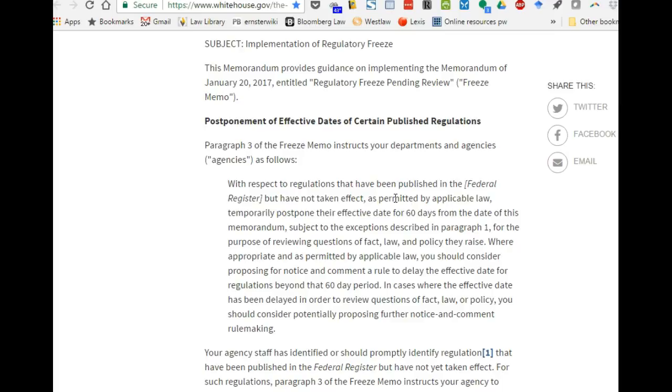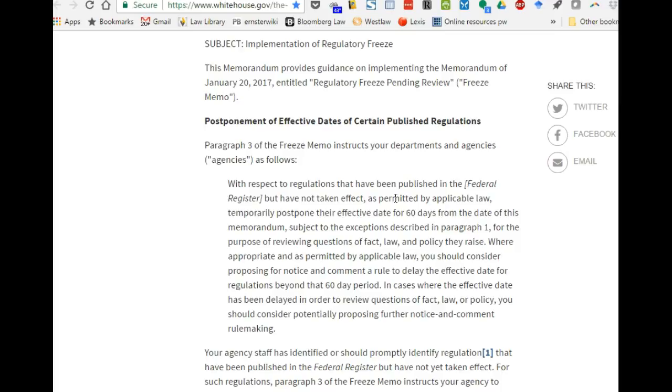Okay, so we now have learned our particular regulation is already in effect. So we have now done our updating requirements. So we know that what we're looking at is up to date, but remember, regulations, just like statutes, have effective dates.